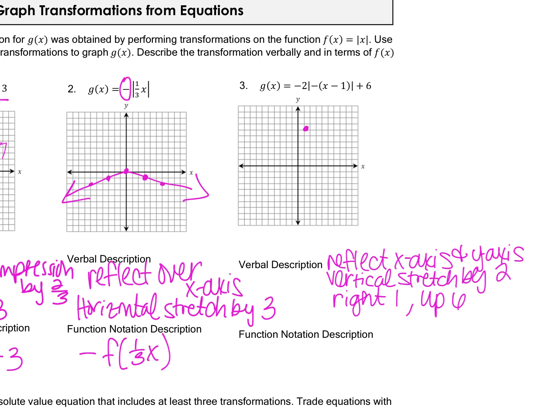Now, this one here, the slope is -2, so it would go down 2, right 1, down 2, right 1, and then the opposite would be down 2, left 1. And remember that the y-axis reflection on the V doesn't really matter because you're just doing the same thing down the middle, so it really doesn't matter there. So that would be our graph.